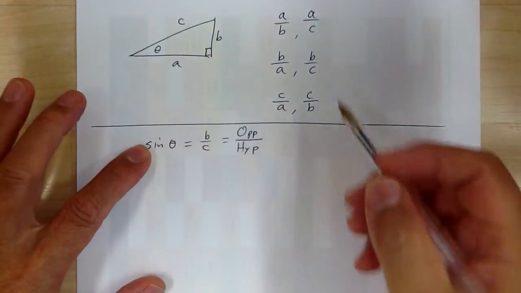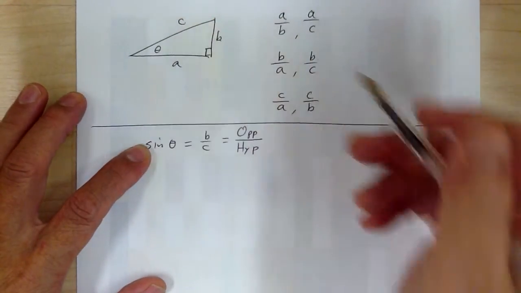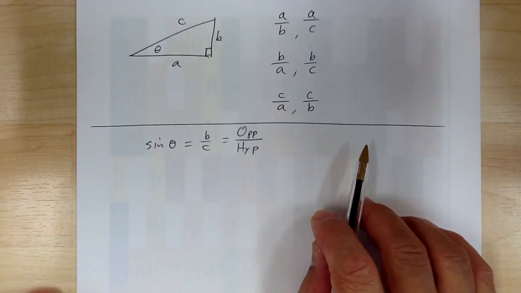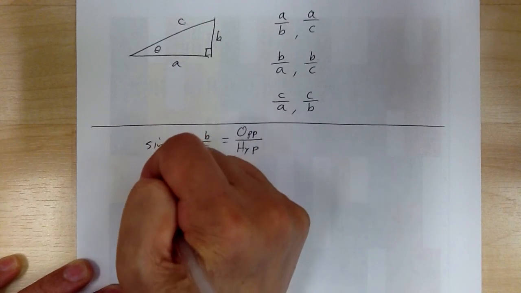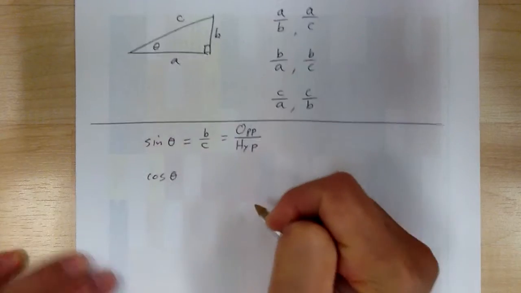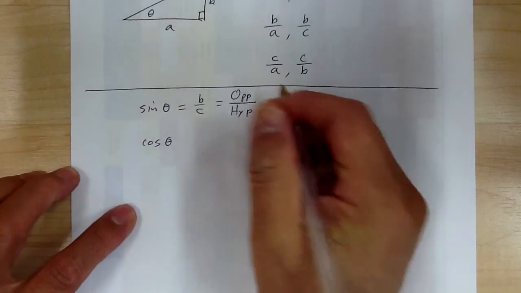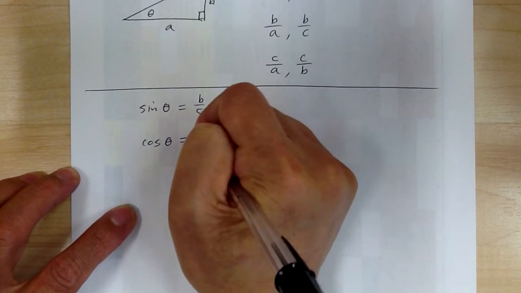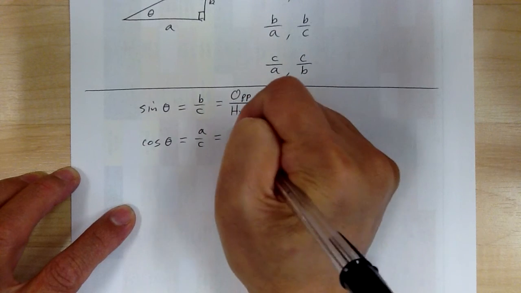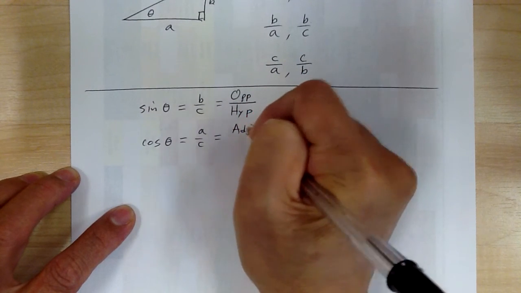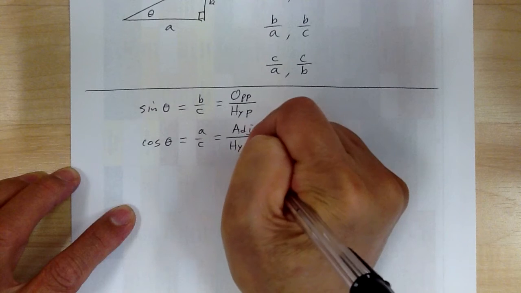So sine theta is B over C. Again, that's the name for this ratio. And cosine theta is the complement of sine. It's A over C, so this is adjacent over hypotenuse.